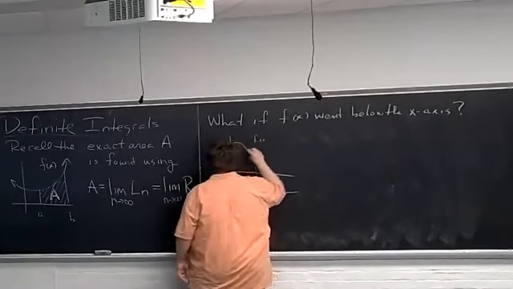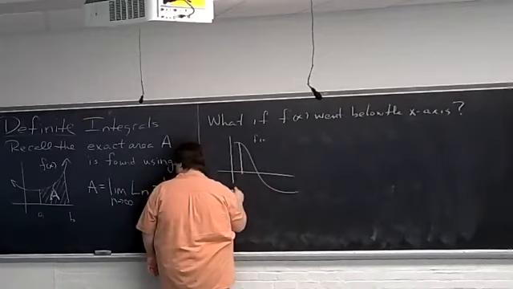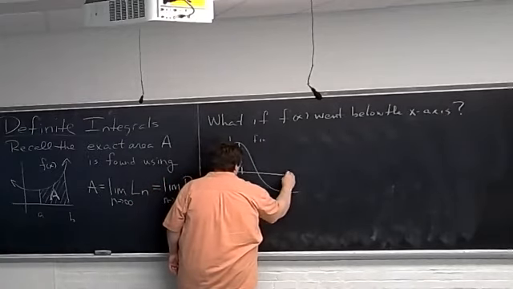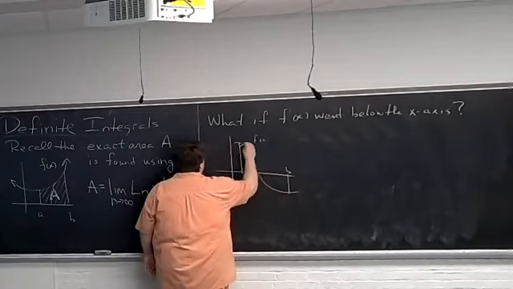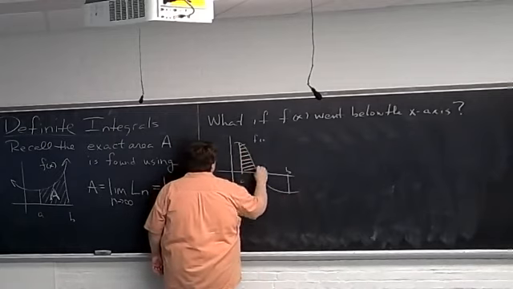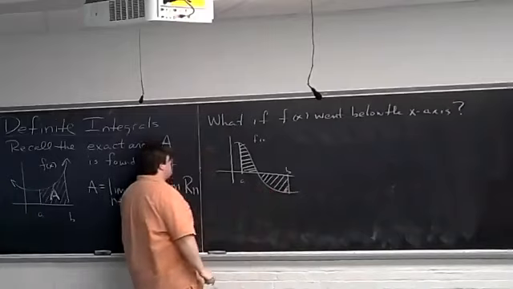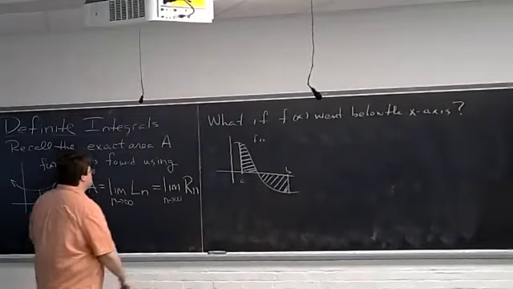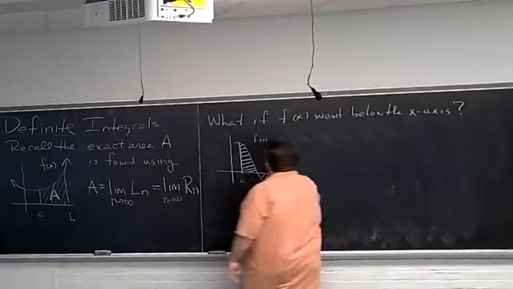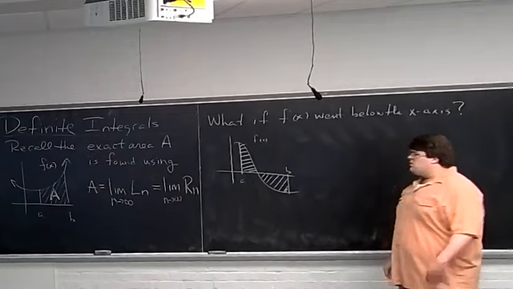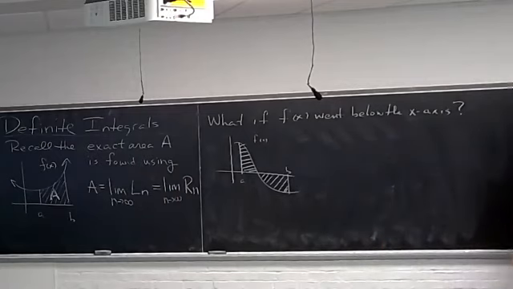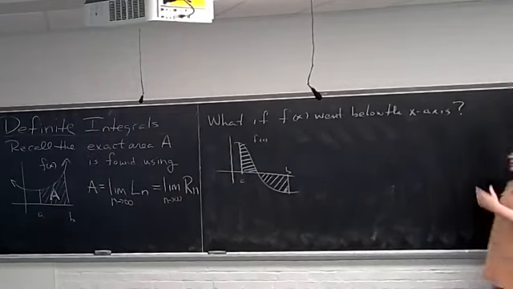Here's our function. A and B, I guess I'll use A and B again. There's a function, goes below the x-axis somewhere. What if that happened? What would that area approximation do?